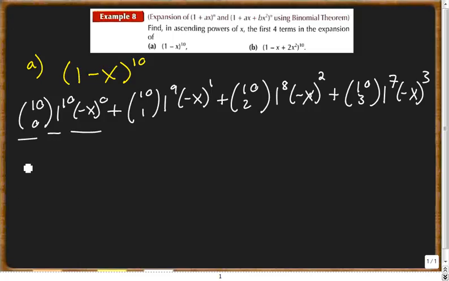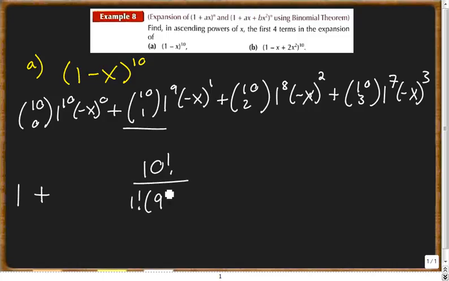That is 1. This is just a big 1. Then we add the second term. This is 10 factorial over 1 factorial times 9 factorial, so this number is going to be 10 factorial over 9 factorial. The difference between them is just a multiple of 10. So this is going to be a 10. Now 1 to the 9th is 1. And then you have times negative x.